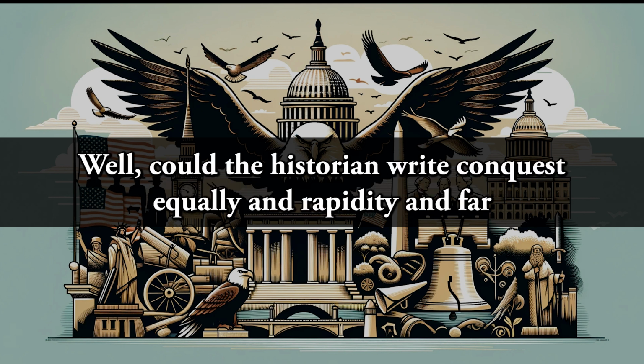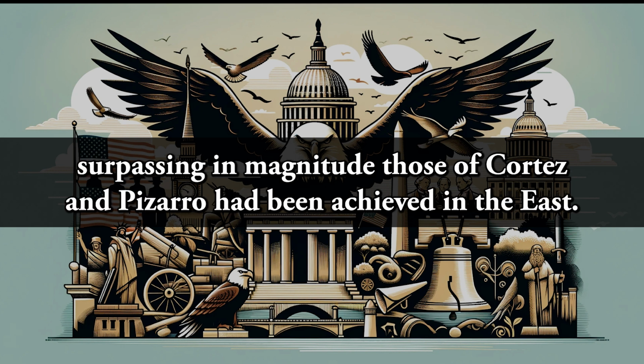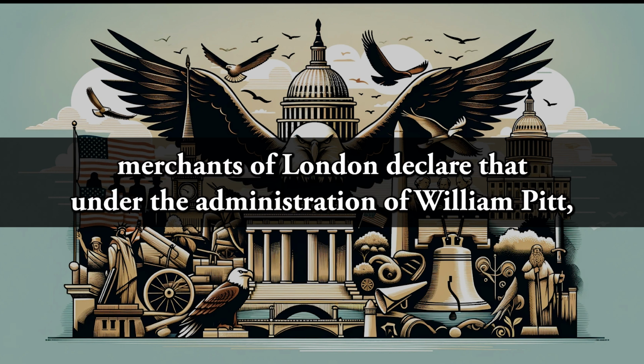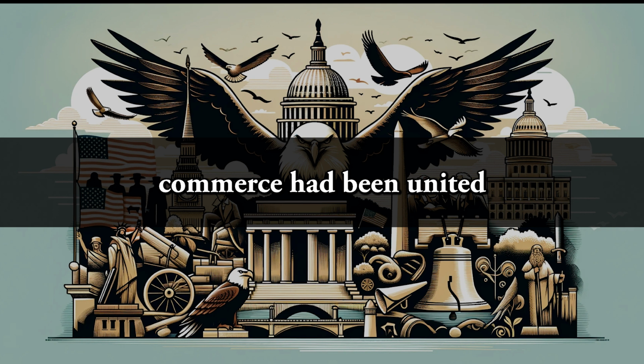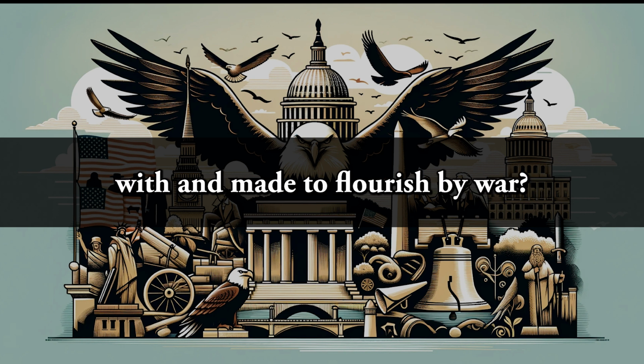Well could the historian write, "Conquest equaling in rapidity and far surpassing in magnitude those of Cortes and Pizarro had been achieved in the East." Well could the merchants of London declare that under the administration of William Pitt, the imperial genius of this worldwide conflict, commerce had been, quote, "united with and made to flourish by war."